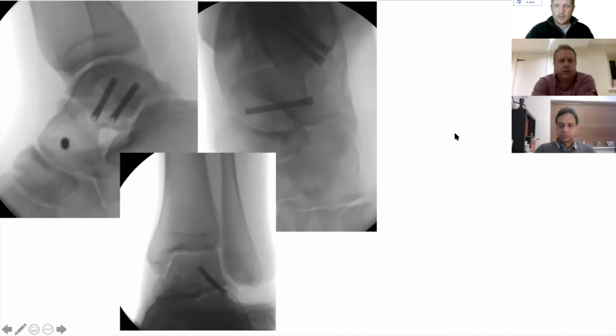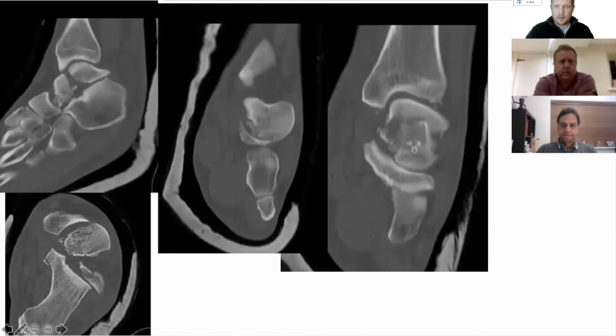And then the next one is a road traffic accident in a chap who's about 60. I haven't got the plain films before he went to CT, and it might very well be that he never had any. But you can see that the head of the talus is dislocated. There's a split in the body.